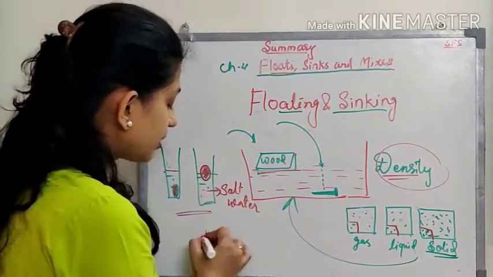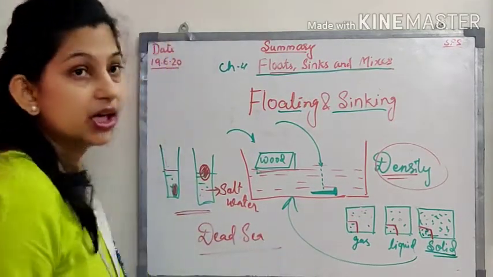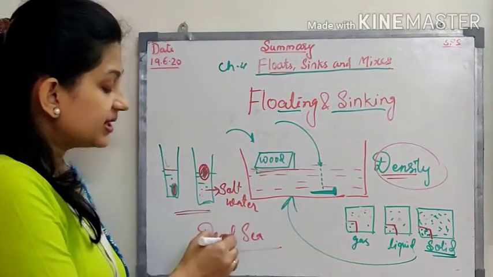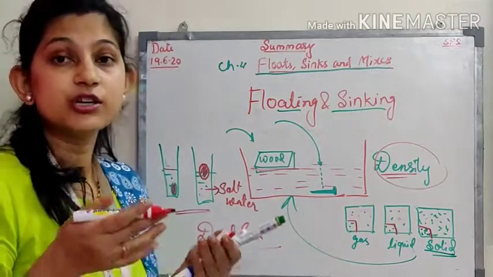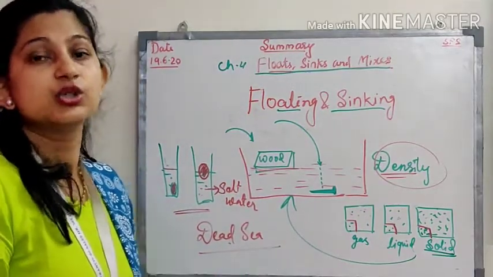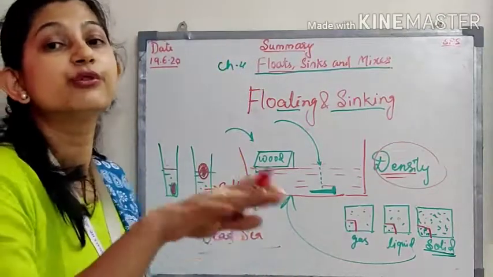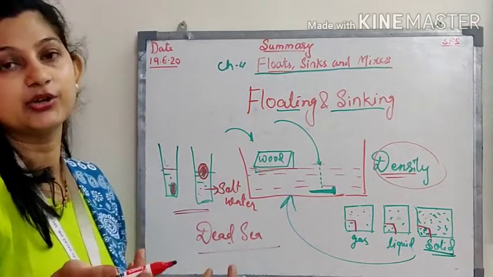Then we discussed the Dead Sea. Normally, if you do not know swimming, you are going to drown in the sea. But in the Dead Sea, the density of water is so much, with too much salt in it, that even if you lie there, you are going to float on the surface, and because of the high salt concentration, nothing sinks there.